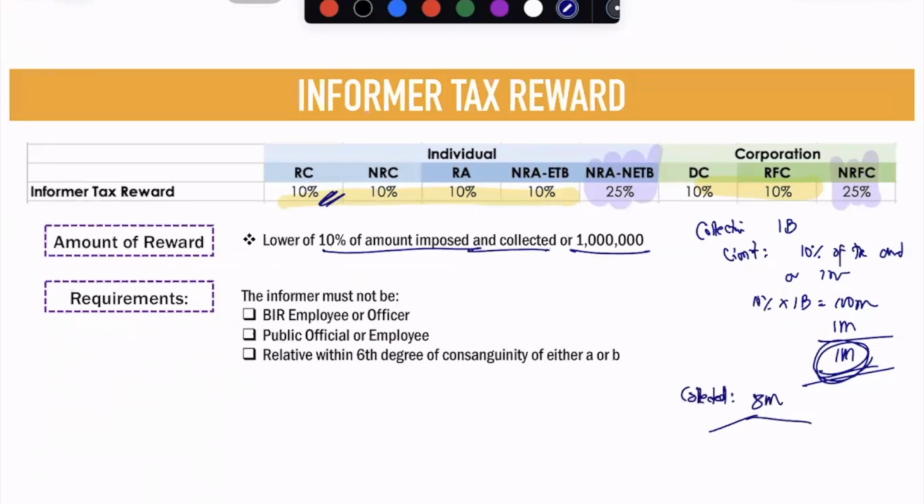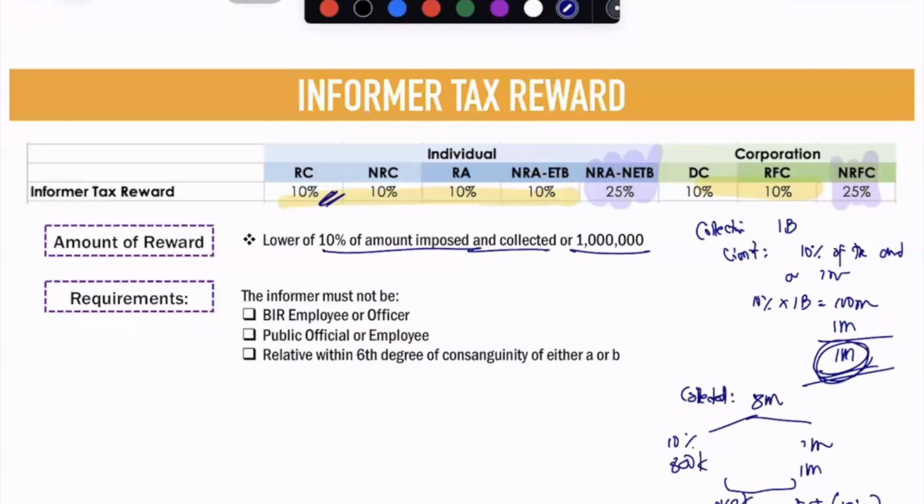So the limit, 10% or 1 million, whichever is lower. So this is 800,000. This is 1 million. Lower is 800,000. Less final tax of 10%. Assuming RC, NRC, RA, NRA, ETB, DC, and RFC. But if that is NRA and ETB and NRFC, then that is 25%.